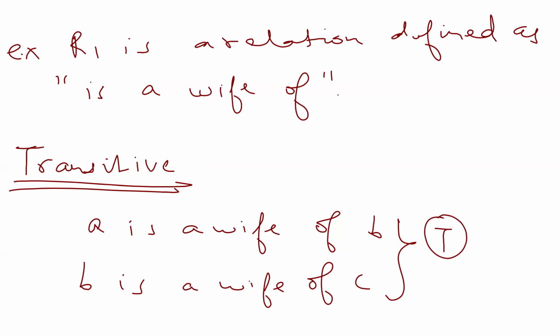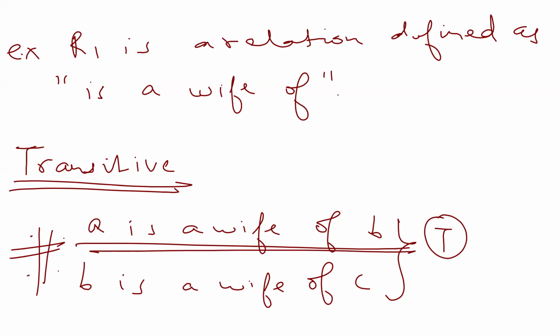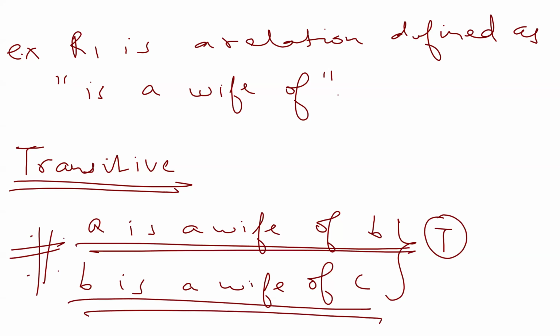A to B, B to C. Now guys, tell me, is it practically possible to check this example? A is a wife of B, B is a wife of C. Okay, the first statement is true. Can the second statement be true, to go further and check transitivity? Highly inappropriate.